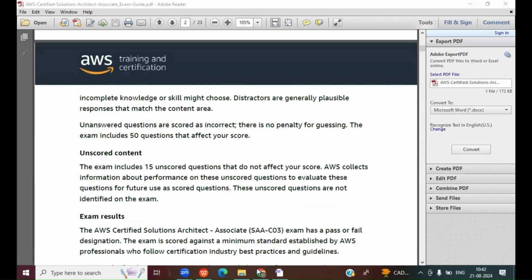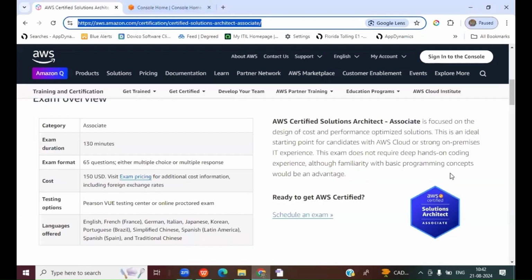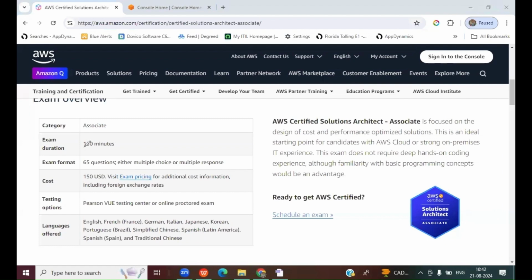If I go to this AWS website, you can see here, the overall examination duration is 130 minutes, right? And the exam format, typically this exam contains 65 questions overall, including multiple choice and multiple response questions. But out of the 65, only 50 questions are accounted for your score.